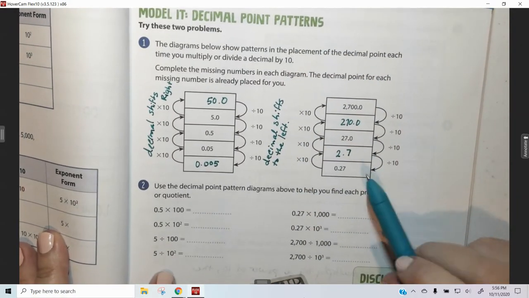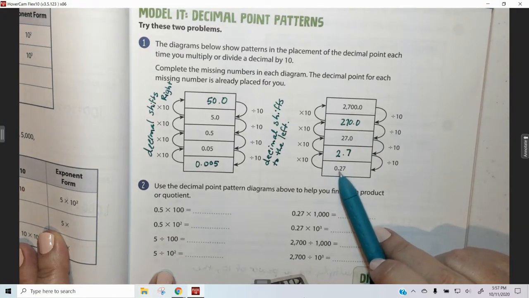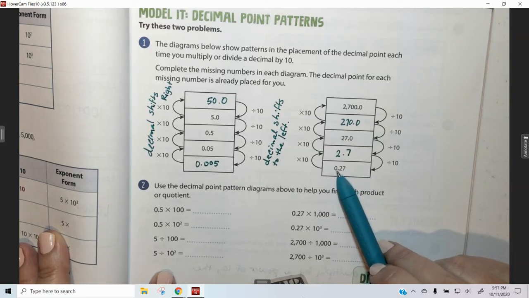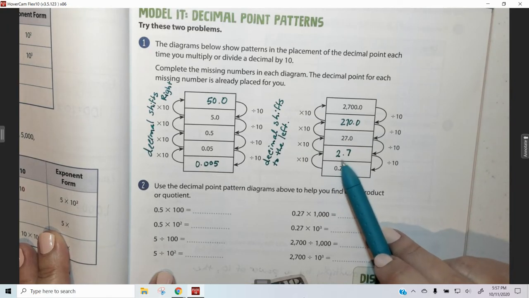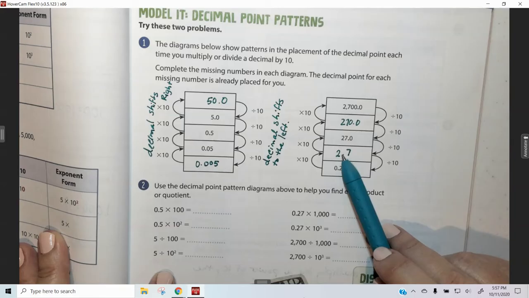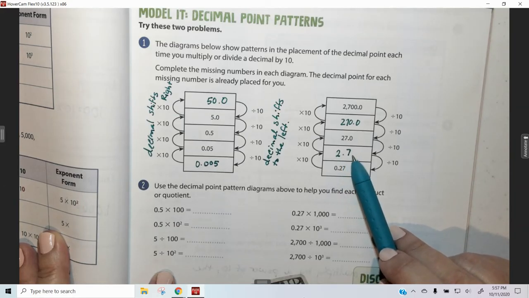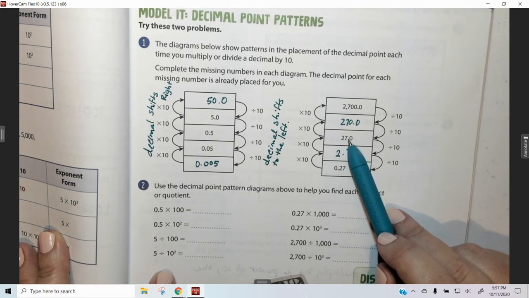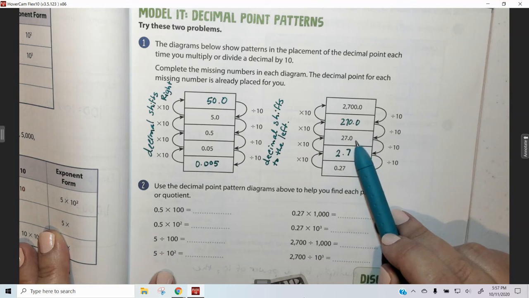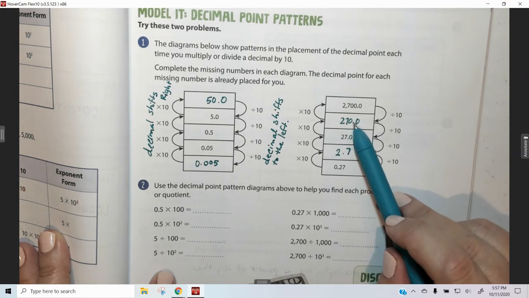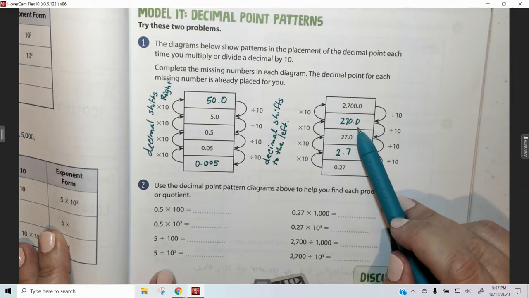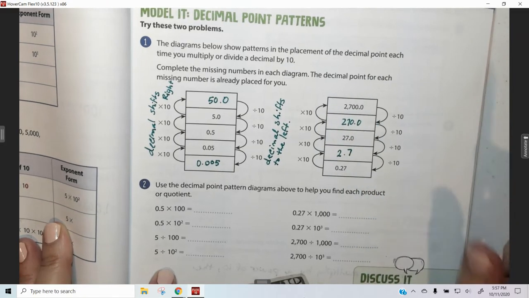Okay, so 27 hundredths, excuse me, times 10, the decimal moves over one place and it becomes 2 and 7 tenths. Now, when we multiply 2 and 7 tenths times 10, the decimal shifts over one place to the right and we get 27. When we multiply 27 times 10, the decimal shifts one place to the right and we get 270. When we take 270 and multiply it by 10, this decimal shifts one place to the right and we get 2,700.